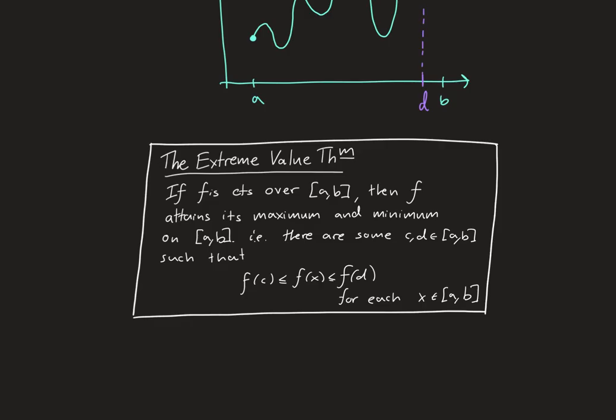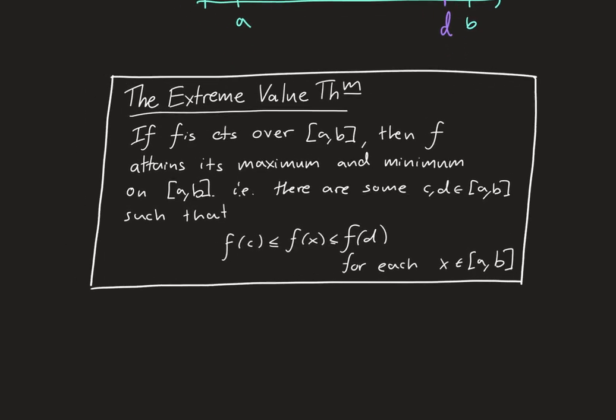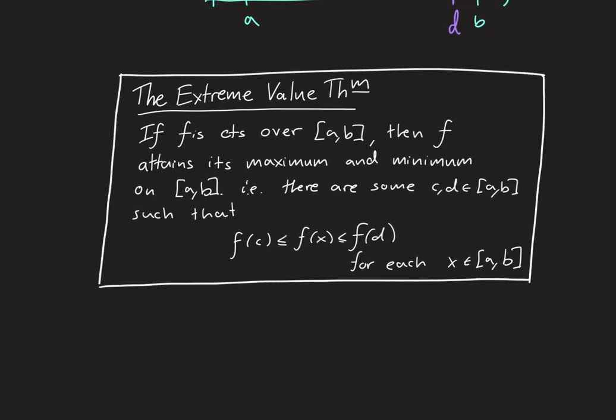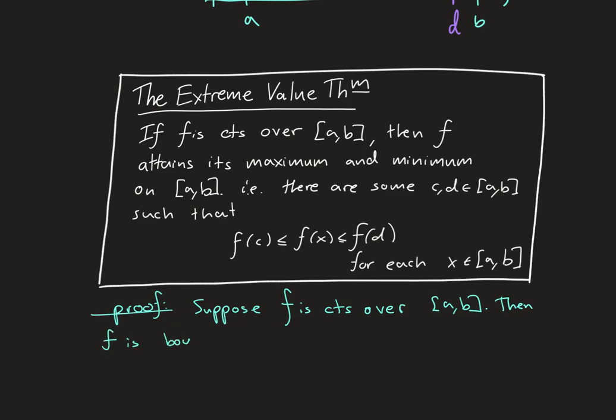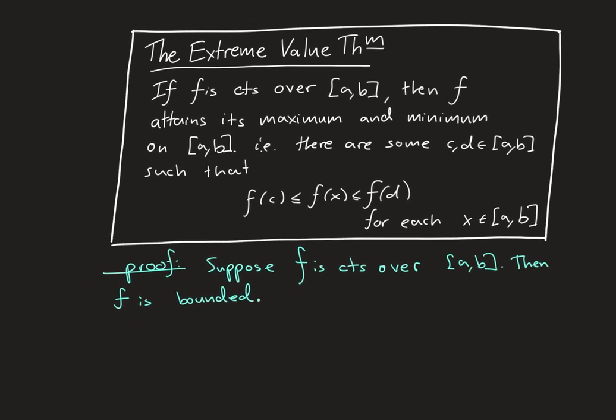So let's see. Let's start our proof. First of all, suppose f is continuous over the closed interval a to b, then it's bounded above.